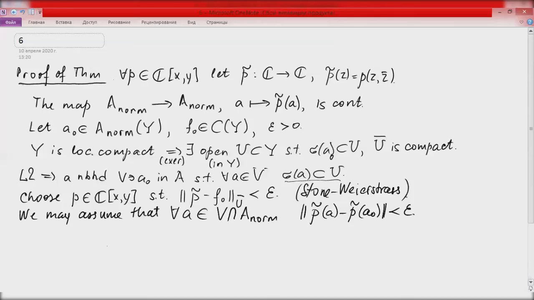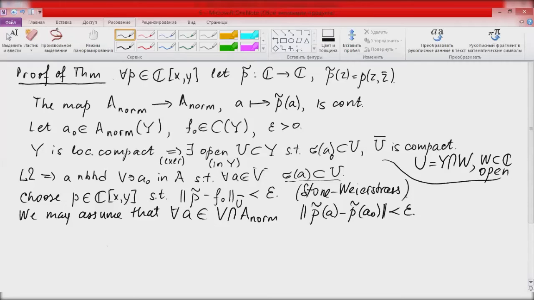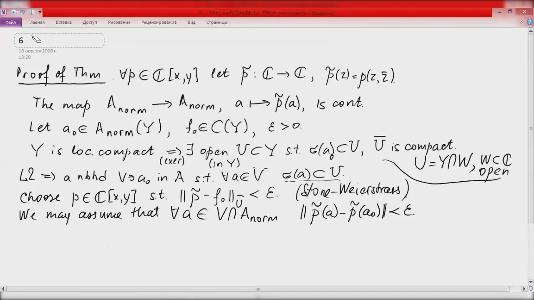Well, U is open in Y, and so we can write U as the intersection of Y and W, where W is open in the complex plane. And now we apply our lemma 2, but not to U, but to W, which is open in the complex plane. Okay, now this is correct.